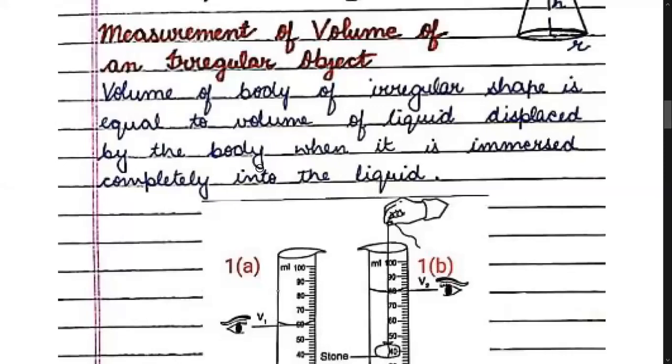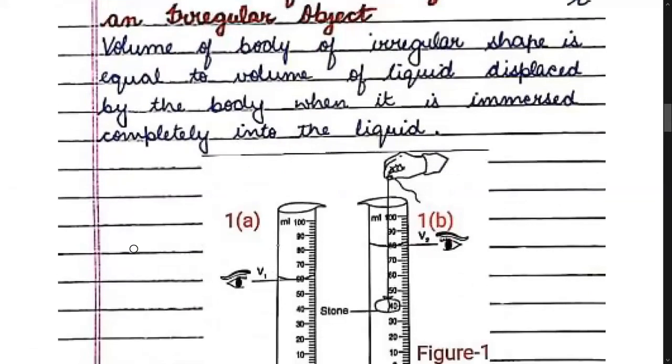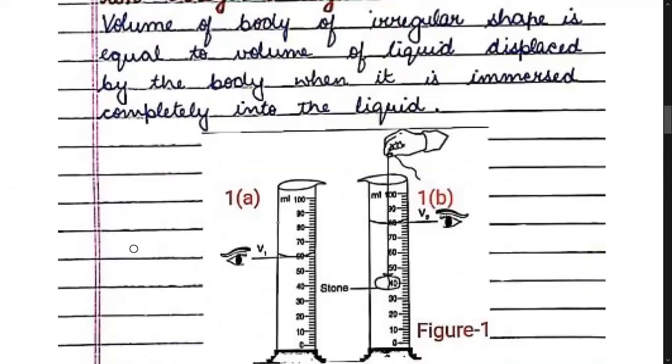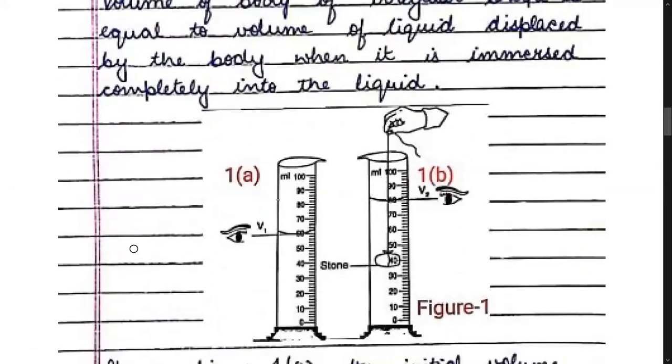Now let us do measurement of volume of an irregular object. Children, volume of a body of irregular shape is equal to volume of liquid displaced by the body when it is immersed completely into the liquid.